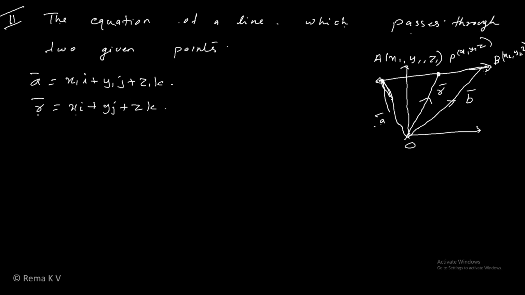So the position vector of P is given by OP and it is written as r, which is equal to x i plus y j plus z k. Similarly, vector B is the position vector of the point B and it is given by x2 i plus y2 j plus z2 k.